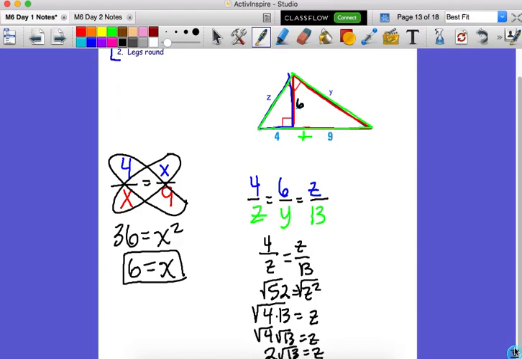Last but not least, we need to find our y value. Now that I know that z is 2 square roots of 13, I would really like to avoid dealing with that square root if I can. So I'm going to see if there's any other way that I can set up and solve for y.